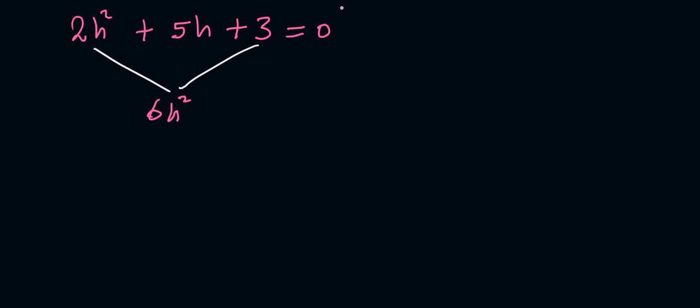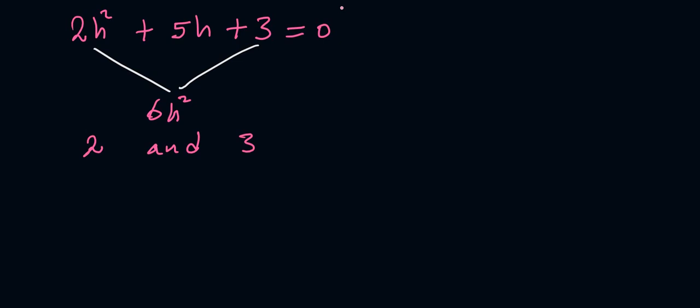So right now we're going to find two factors of 6h squared such that the product will be 6h squared and the sum would be 5h. So now the factors of 6 are 2 and 3.